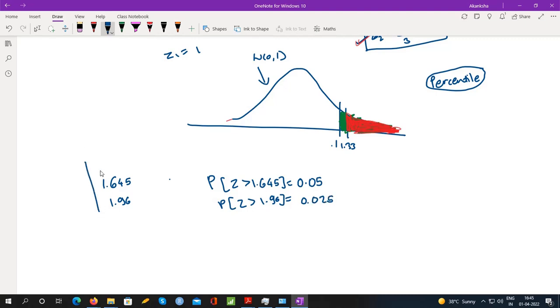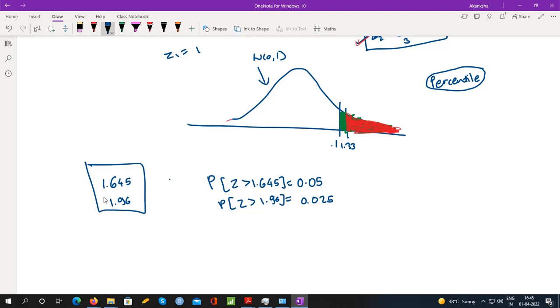Just remember these two values, 1.645 and 1.96, because we are going to need them a lot when we construct confidence intervals or when we do testing of hypothesis.